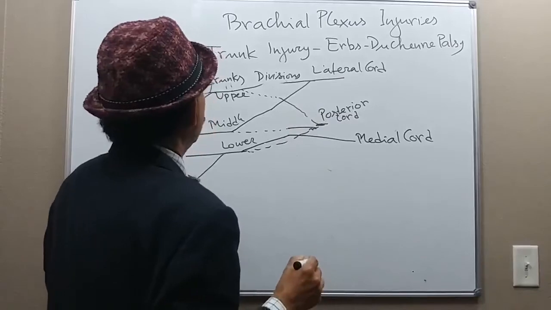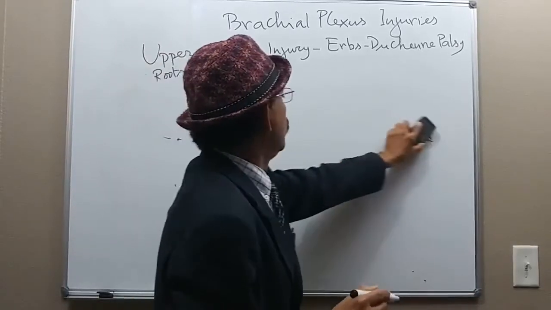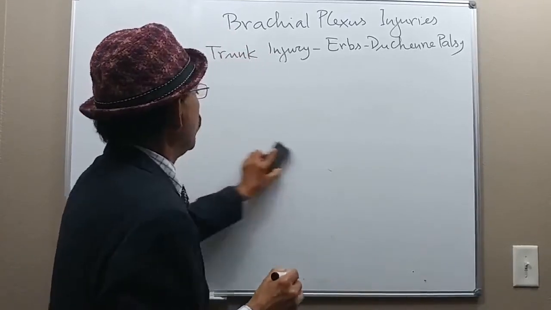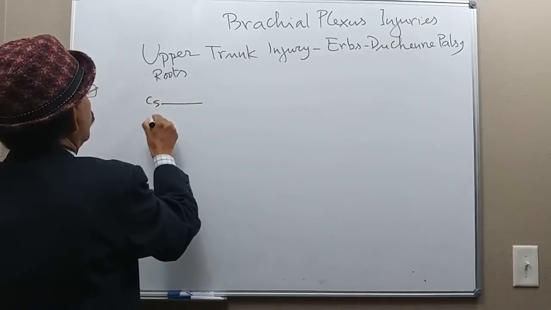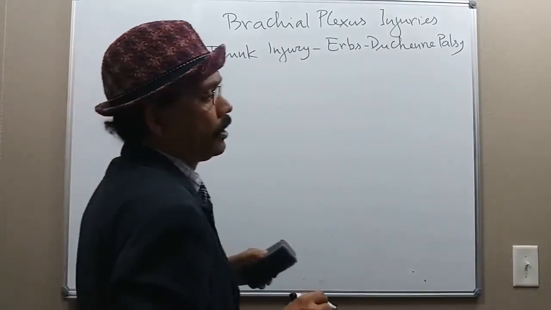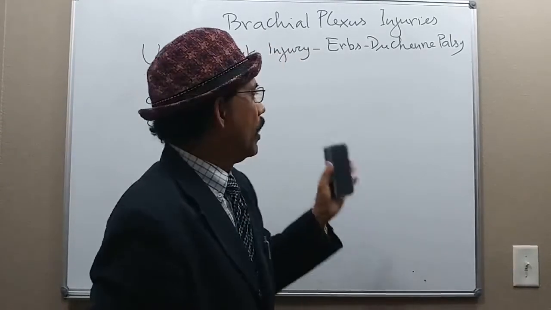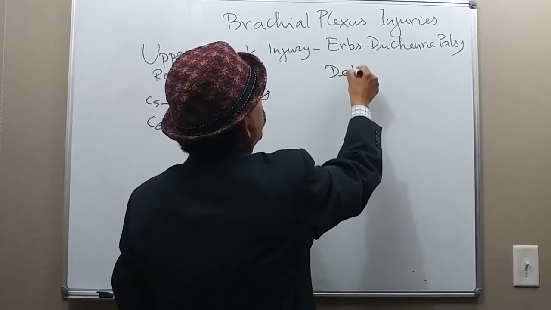Upper trunk injury will lead to Erb-Duchenne paralysis. C5, C6 unite to form the upper trunk, and the deltoid muscle will be paralyzed.